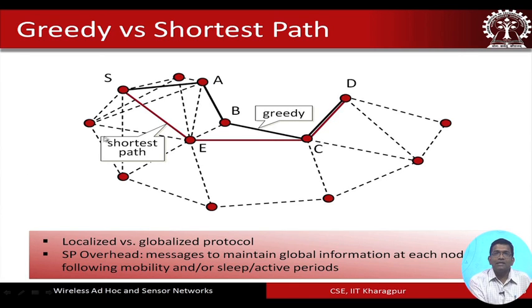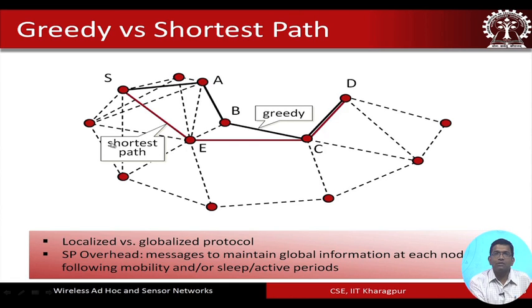The other possibility is the greedy approach that we had seen a few minutes back. If we adopt that, node A is closest to D. So, node S will send to node A and not to these nodes that I just showed to you.